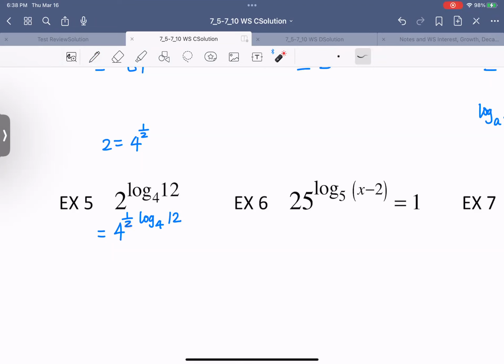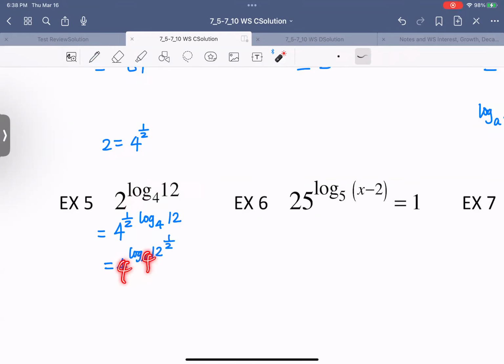And then you will pull this one to the shoulder. This makes you 4 to the power of log base 4, 12 to the power 1/2, correct? Yes. 4 and 4.